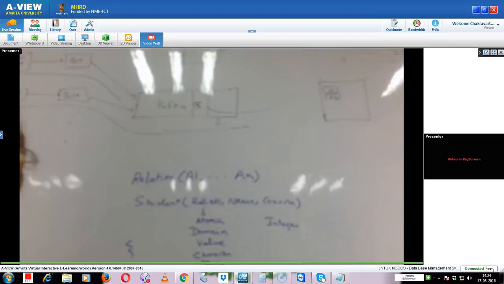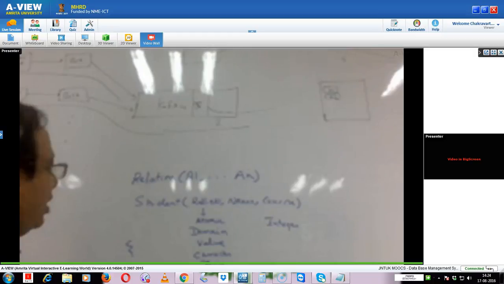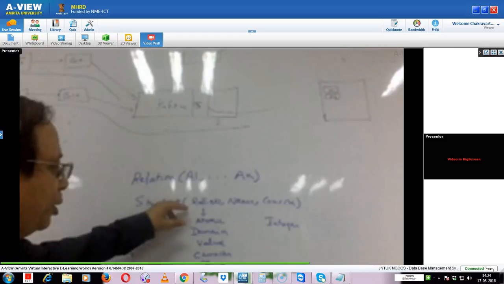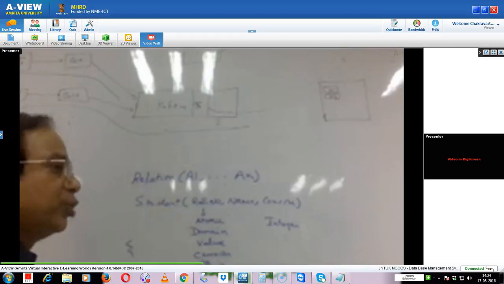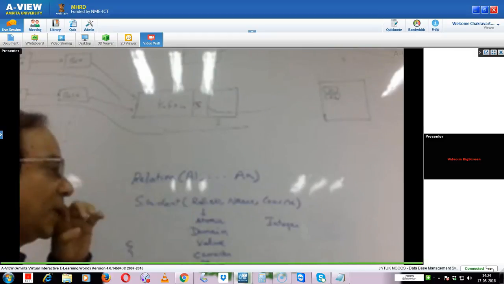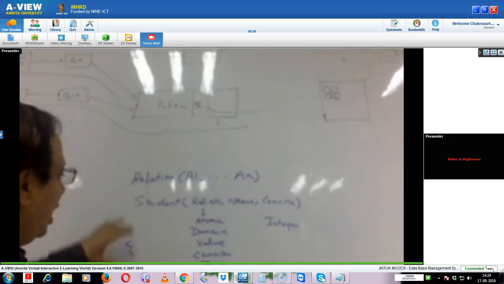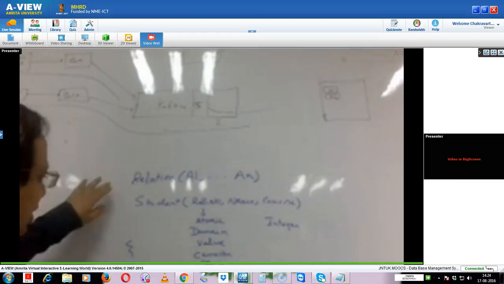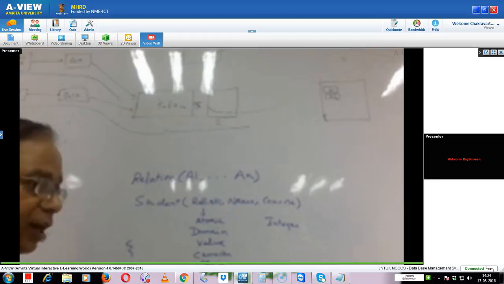Okay, right? Formally, what we mean by relation is a name with a set of attributes, and the attributes taking values over a defined domain, which is where the attributes will take the values. The instances of the relation are basically the tuples. So this is not a bag.